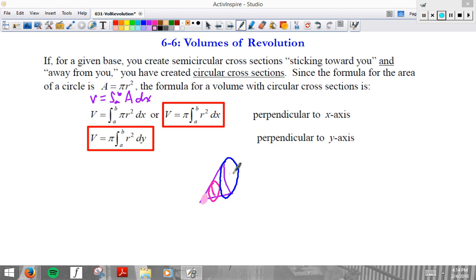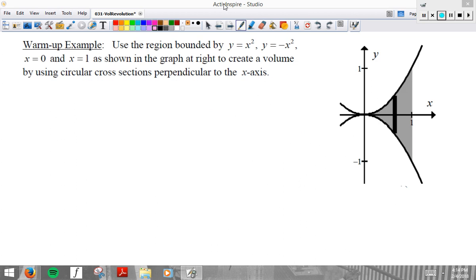Talking about solid circles all throughout here. Let's see how this would work. So, using the region bounded by y equals x squared, this upper parabola, and y equals negative x squared, the lower parabola, the downward facing parabola.